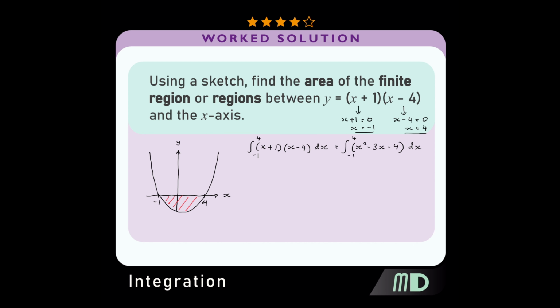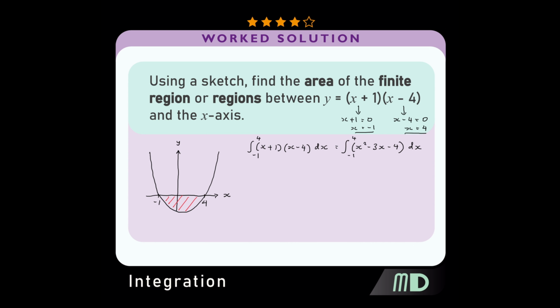We need to integrate each term separately using the power rule for integration. The rule states that for any real number n, with the exception of -1, the integral of x to the power of n is equal to x to the power of n plus 1 divided by n plus 1. In other words, we increase the exponent by 1 and divide by the new exponent.